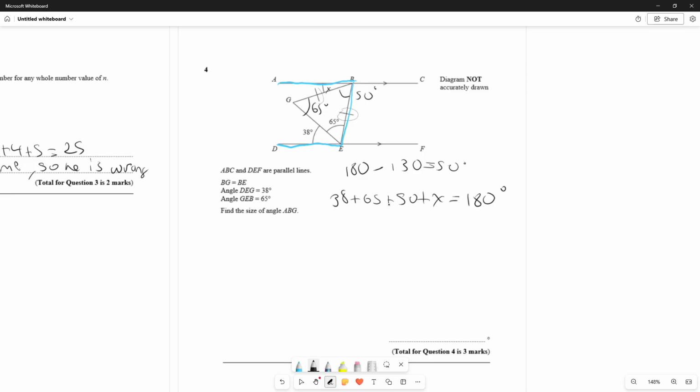Let's start adding things up. 38 plus 65 is equal to 103, plus 50 plus x equals 180. Add these together, 153 plus x equals 180. And then subtract them. So we can just do side working here. I can't do this really in my head, so that'll be 27 degrees. x equals 27 degrees.